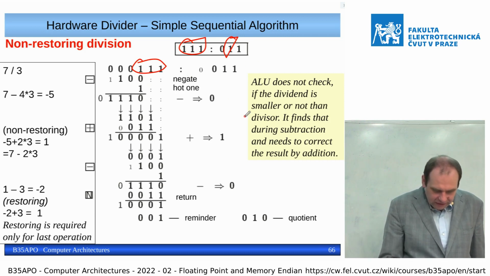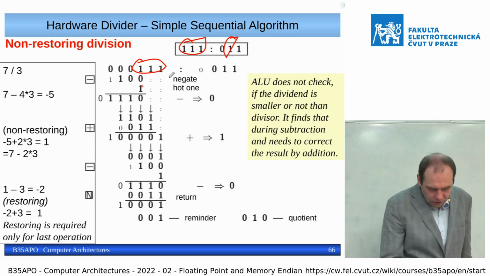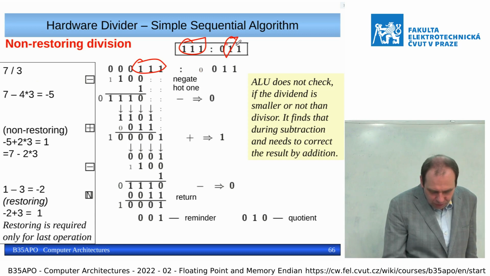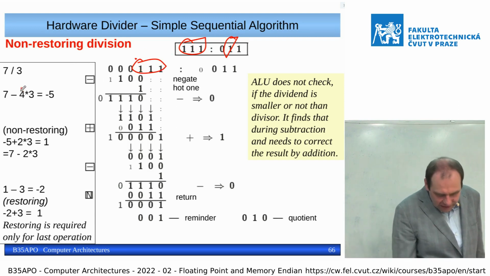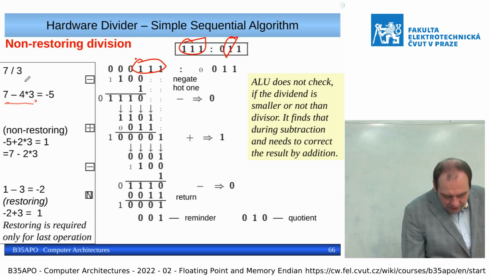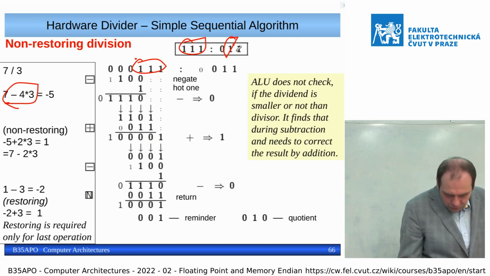And we see if we can subtract it or not. So basically, because we put the divider to the upper bits and this into the lower, then we see that at the start there is no result. Okay, so we try to subtract, in this case, 3 multiplied by 4.